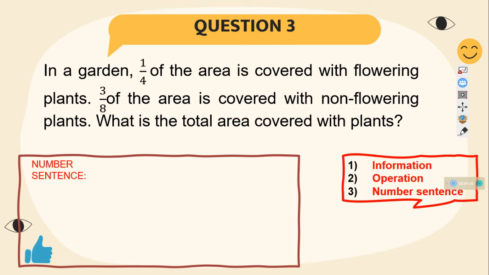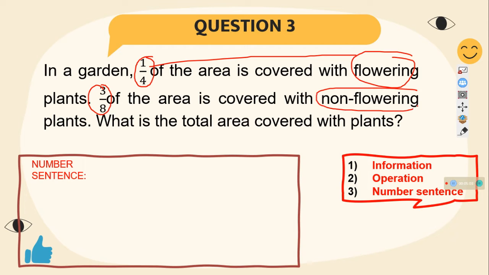Let's go for question 3. In a garden, 1/4 of the area is covered with flowering plants. Flowering, 1 over 4. And then 3 over 8 of the area is covered with non-flowering plants.